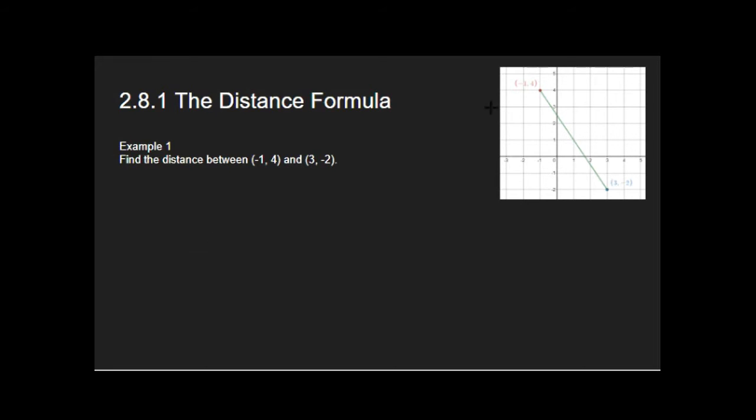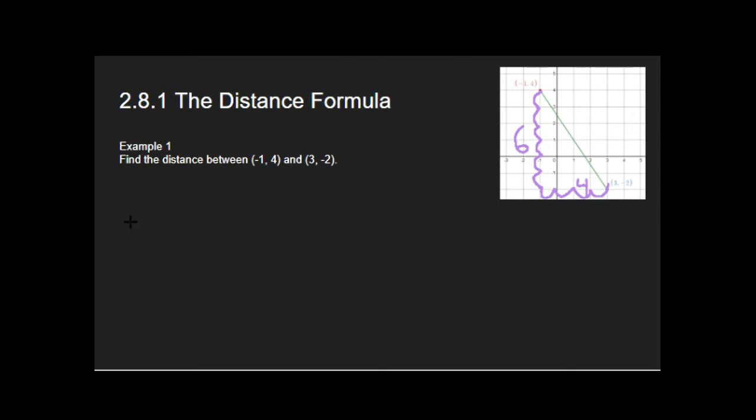Now, because we have a graph to look at, we could count the squares and say we have 1, 2, 3, 4, 5, 6 on this side of our imaginary right triangle, and we have 1, 2, 3, 4 on this side, and then do the Pythagorean theorem. That would work, but it won't always be that simple as far as the coordinates given or how long the line is, and so you need to be able to do it with the distance formula.